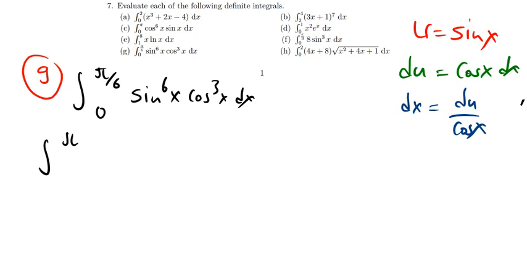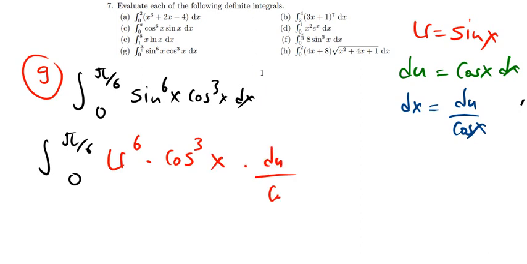So pi over 6, 0, where there's sine, we'll see u to the power 6 now. And then we've got cosine 3x, then du over cosine of x at the point where we had dx. Then part of this will just cancel out, you remain with cosine squared of x, right?